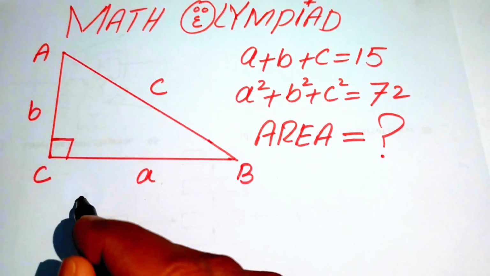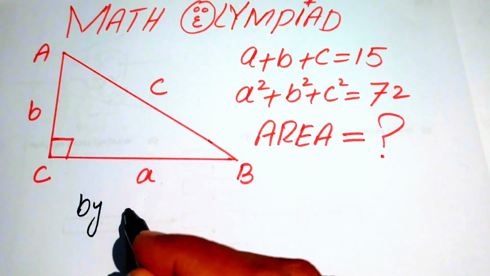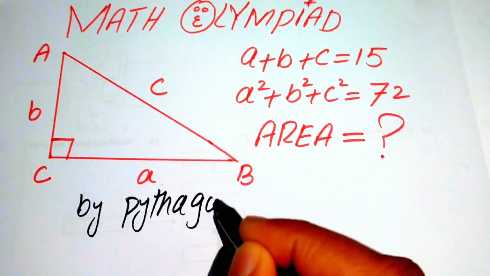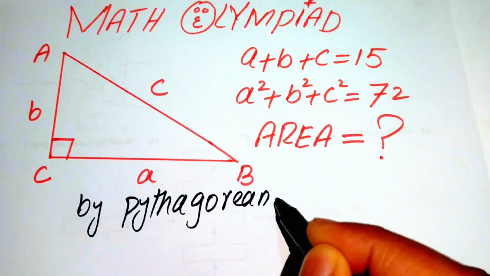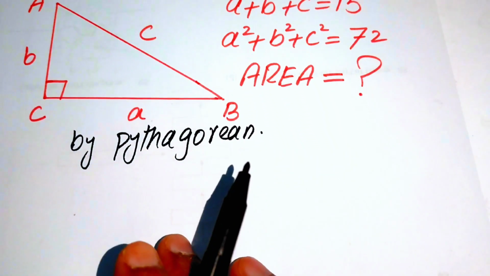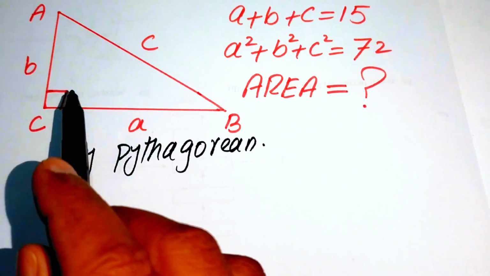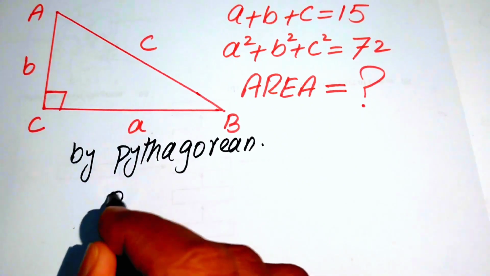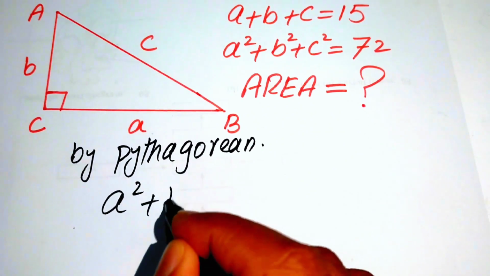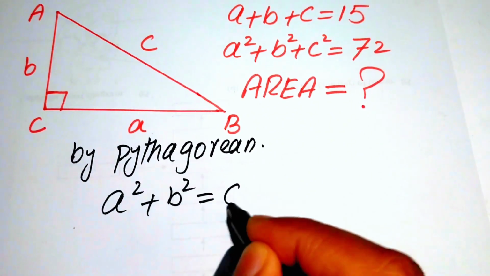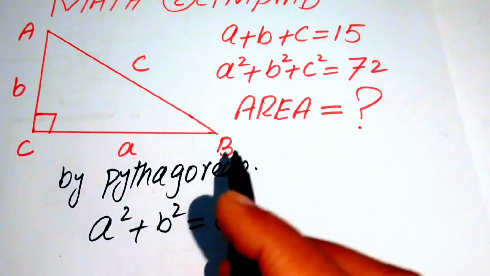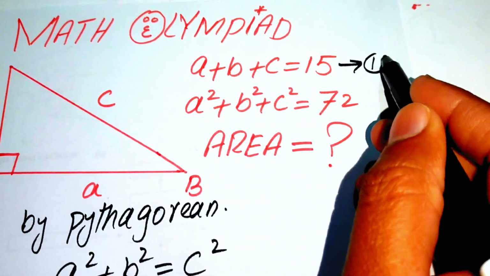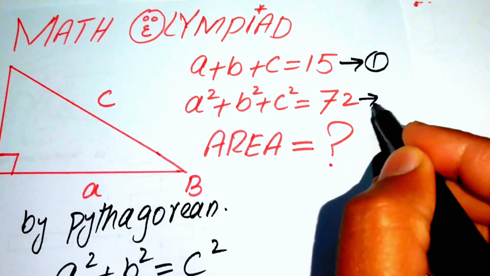By the Pythagorean theorem, we obtain a square plus b square equals c square. We call this equation number 1, and we call the sum of squares equation number 2.